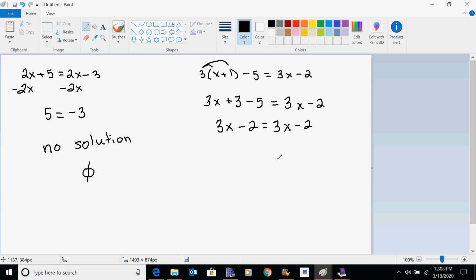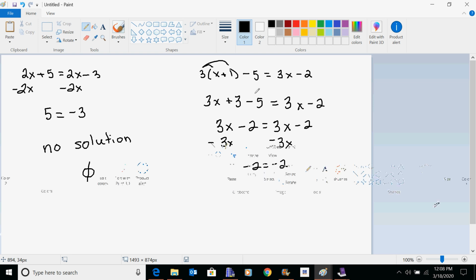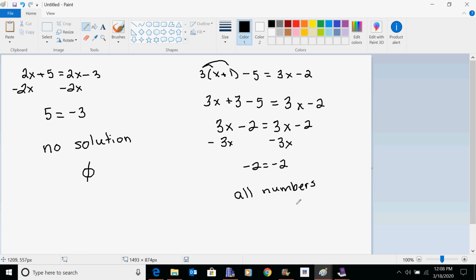Wait a minute, those are exactly the same thing. So when I try to take away 3x from both sides, I get negative 2 equals negative 2. Well, that's true all the time. Since it's true all the time, no matter what number you would pick for x would work, so you would say that all numbers are solutions. Not just some numbers, but all the numbers are solutions. And that's the other special thing that you can have happen here.